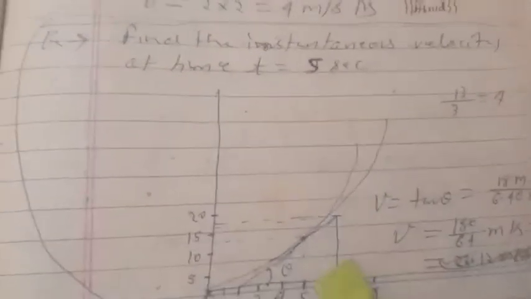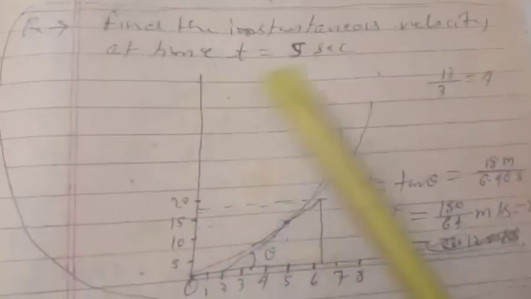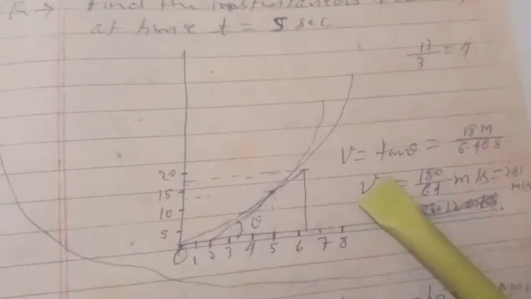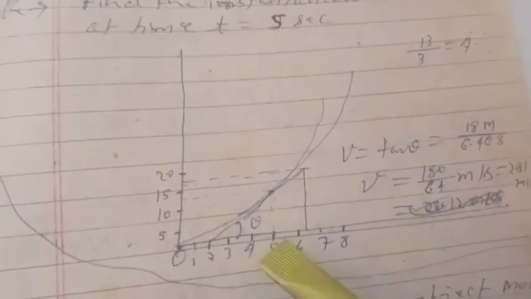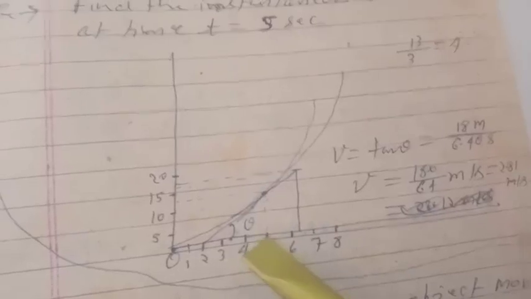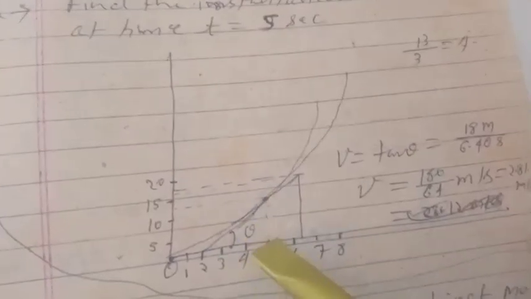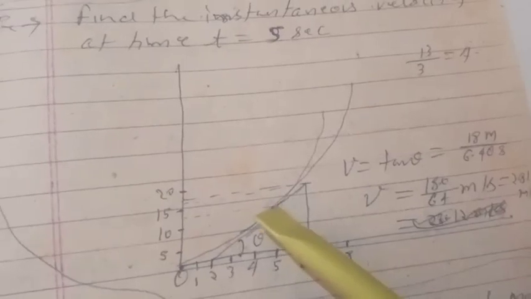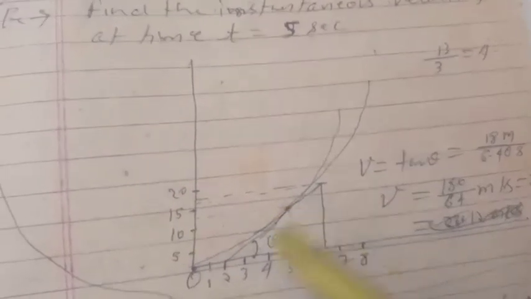Now find the instantaneous velocity at time t equals 5 seconds with the help of the graph. This is simple. We take a point at 5 seconds and draw a perpendicular line. Where it cuts the graph, we mark a point and draw a tangent.